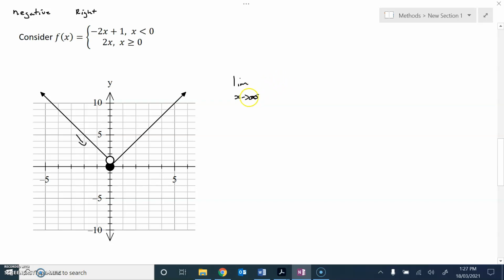So as I'm approaching 0, the limit as x approaches 0 from the negative is going to be minus 2x plus 1. So that's going to be 0 plus 1 equals 1. Then I look at the limit as I approach 0 from the positive side. So I'm approaching from this side. On that side, the equation is 2x.